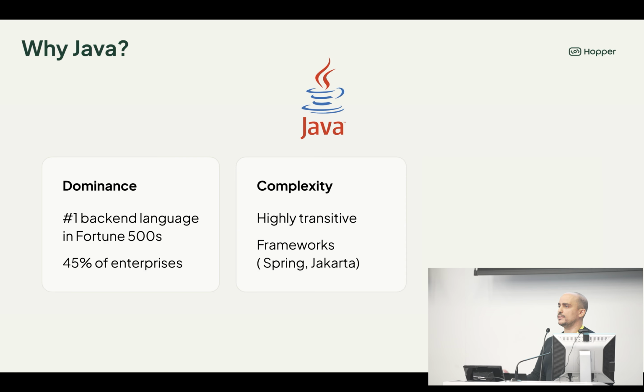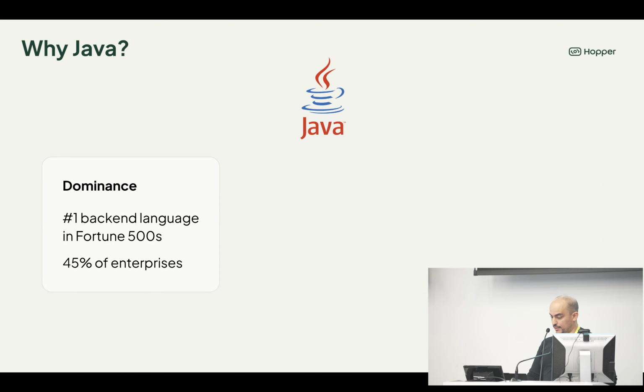It's a very complex ecosystem. There are a lot of frameworks like Spring and Jakarta that bring a lot of dependencies. It's very transitive. A lot of dependencies bring other dependencies that bring in turn more dependencies. And this requires some creative methodology to solve, that we will talk about later.